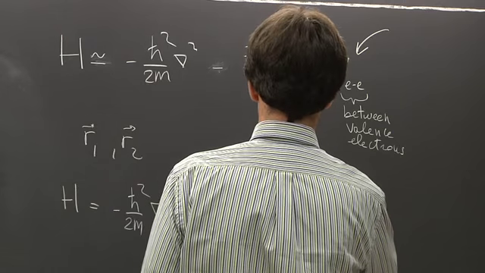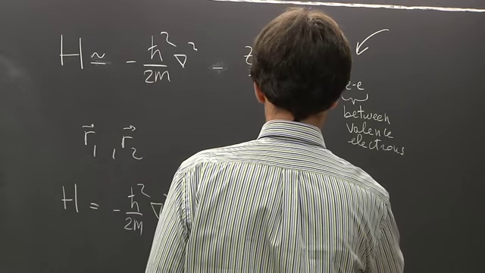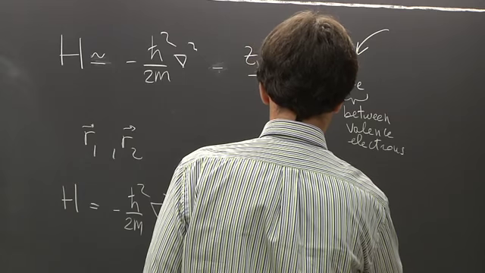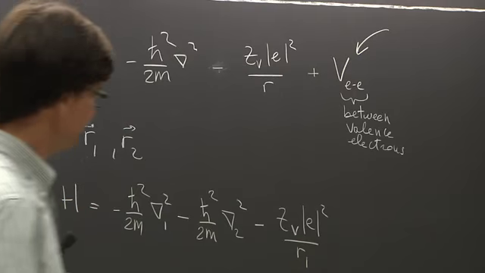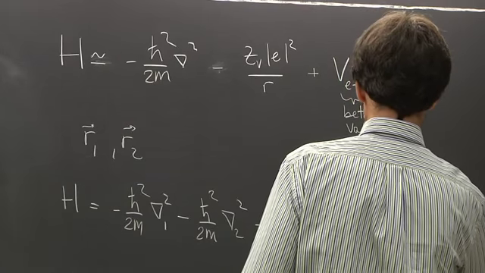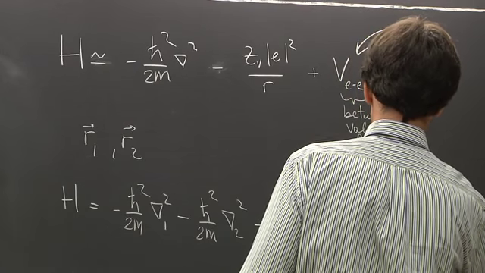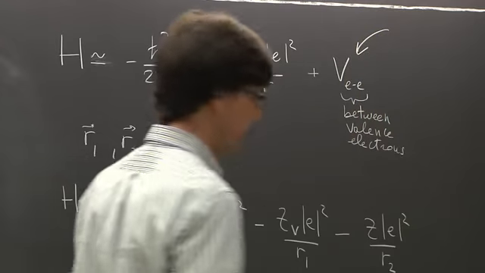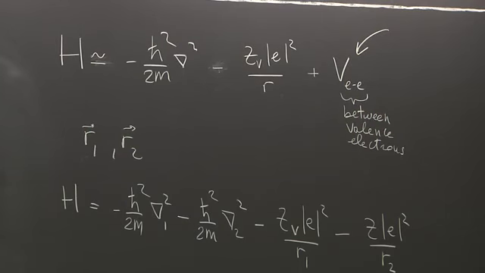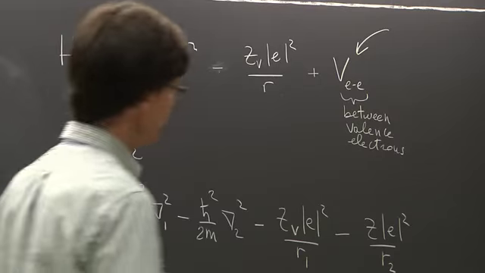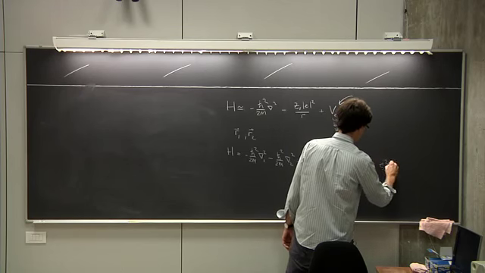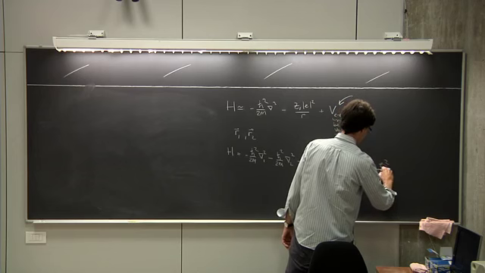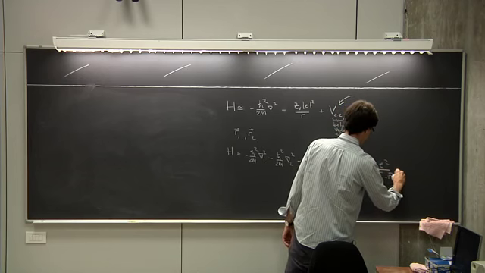Then there will be the interaction between particle 1 and the nucleus. Then there will be the interaction between particle 2 and the nucleus. And then there will be a repulsion between the two electrons. Right?